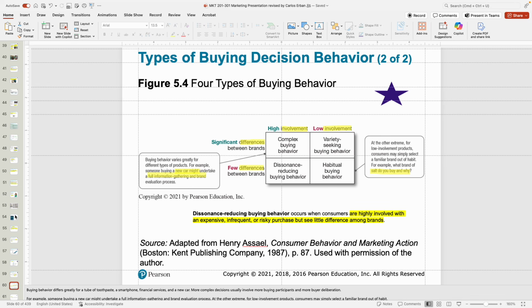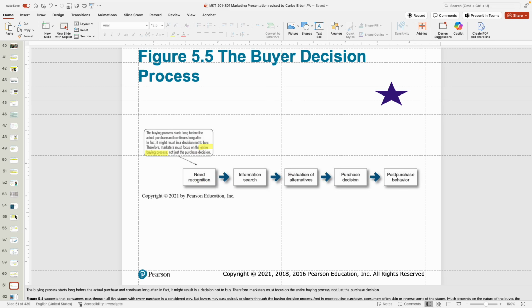So you don't spend a lot of time thinking when you buy a bottle of water, or when you're buying what you do routinely, which is the stuff you buy in the supermarket. So this buying decision process, need recognition, information search, evaluating alternatives, and then purchase and post-purchase could be a long process, again, if you're buying like a car, and it could be a super short process if you're buying something routinely and it's low involvement.